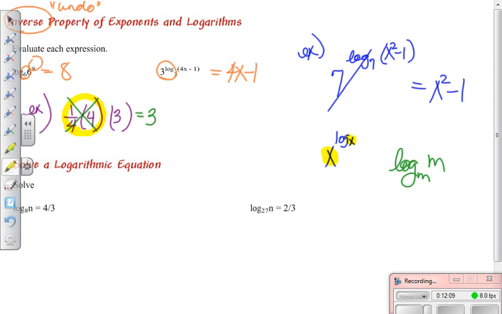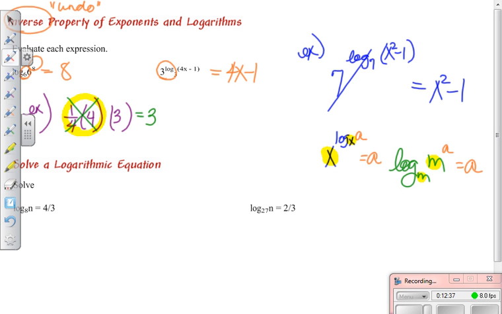So if these index numbers, the bases, match, then they cancel and you're left with whatever else is the answer. So if this was x raised to the log base x of a, it would equal a. If this was log base m of m to the a, it would equal a. All right, those are going to cancel.